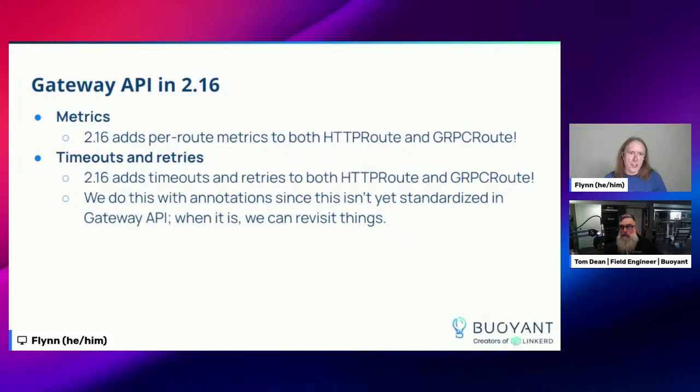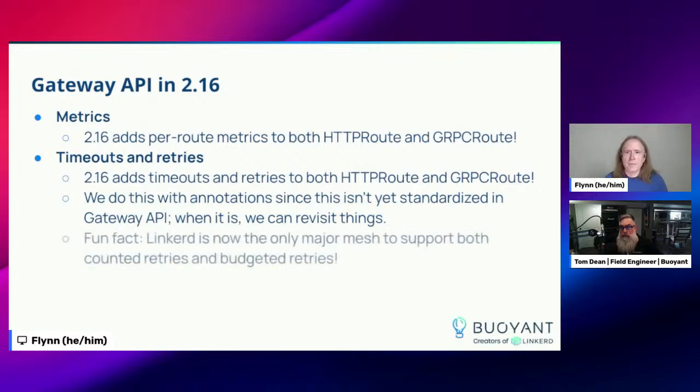It basically lets us focus on the implementation without having to think too hard about exactly conforming to the semantics of Gateway API. Once Gateway API standardizes this stuff, it makes it easy for us to go back and revisit. So expect to see this pattern, I think, fairly often in the future at places where we need to develop in advance of the standard.